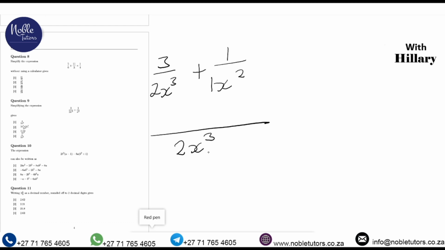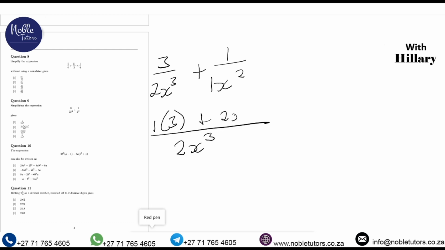2x to the power 3 into 2x to the power 3 gets once. So it's only 1 times 3, plus 1. x squared into 2x to the power 3 gets how many times? 1 into 2 is 2, and then we'll be left with x to the power 3. Then remember, x to the power 2 into this, it will get how many times? 2x.